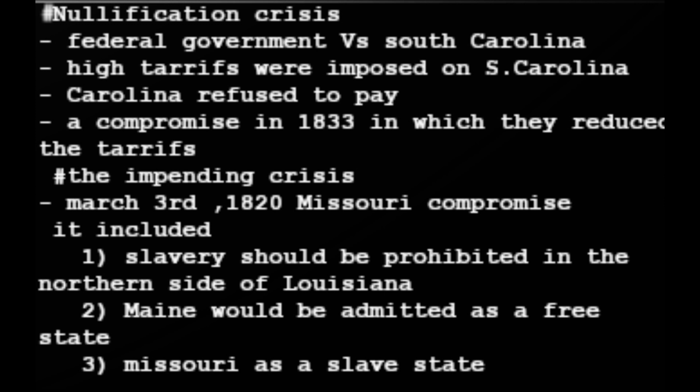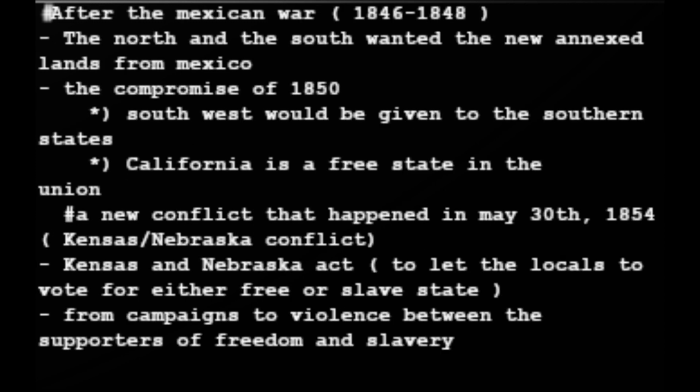Then right after the Mexican War, from 1846 until 1848, the North and the South wanted the annexed territories. When there was a war against Mexico, some states were taken from Mexico, such as Nevada, Texas, and New Mexico.